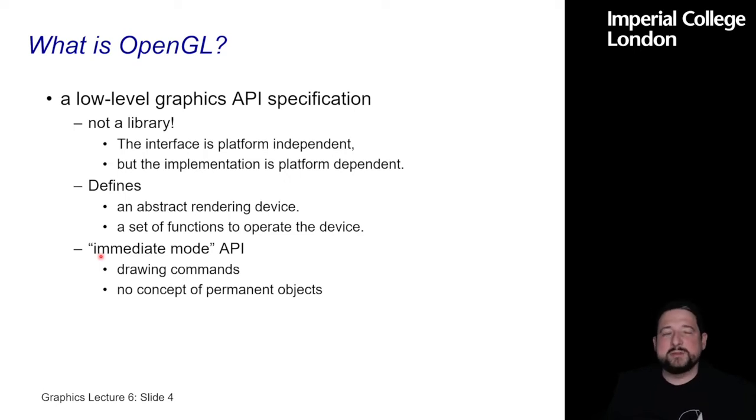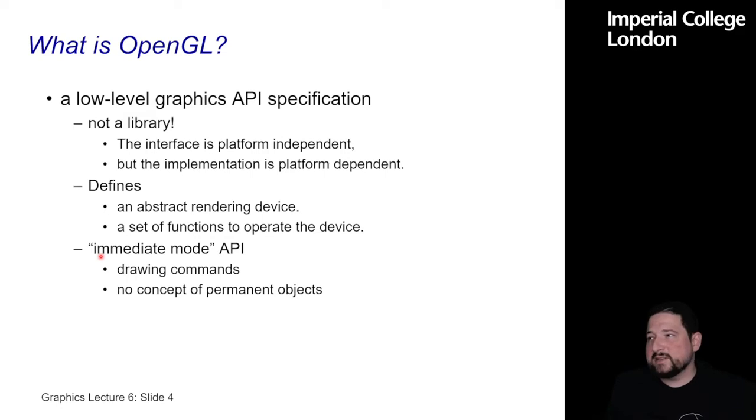You always ask OpenGL the same commands and the same drawing API function calls and these sort of things. But the implementation itself is very, very platform dependent. It depends if you run that in Windows or in Mac OS or on Linux. The interface is platform independent. The implementation is platform dependent.